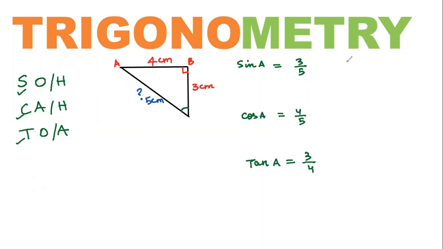The remaining trigonometrical ratios are cosec, sec and cot. Cosec A, sec A and cot A. Cosec is the reciprocal of sine. So we can say that it is hypotenuse upon opposite, which is nothing but 5 by 3.